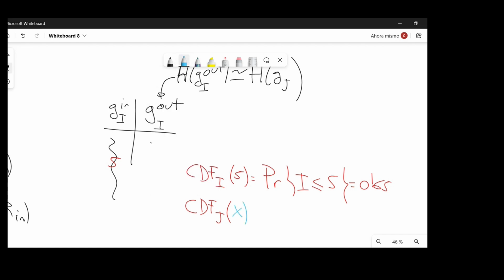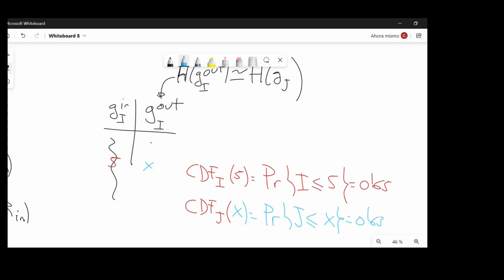I have to find an X such that the probability of J being smaller than that value is also 0.65. If I find that value, my transformation will be 5, I will transform it into X. This is the CDF of 5, the probability of I being smaller than 5. Okay, so I have now to solve for X.